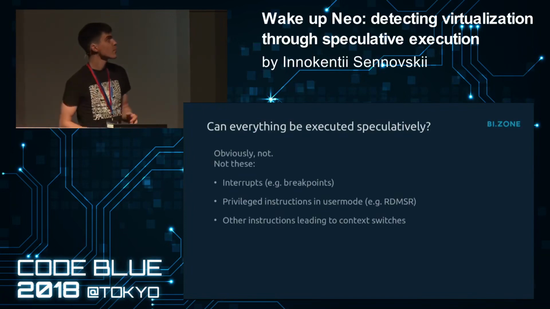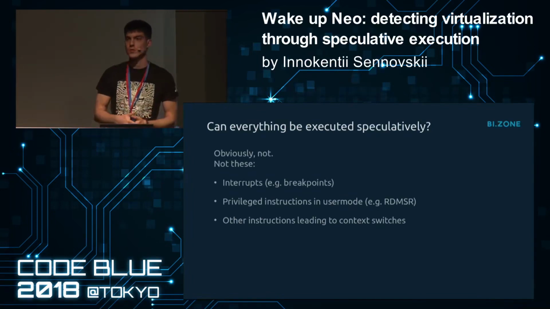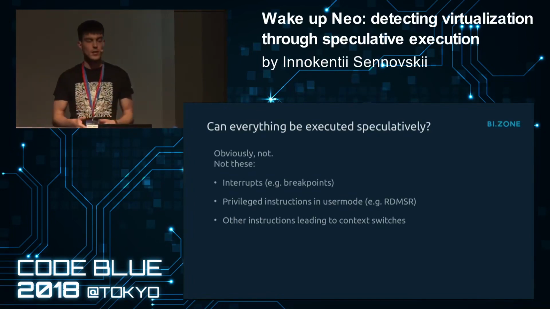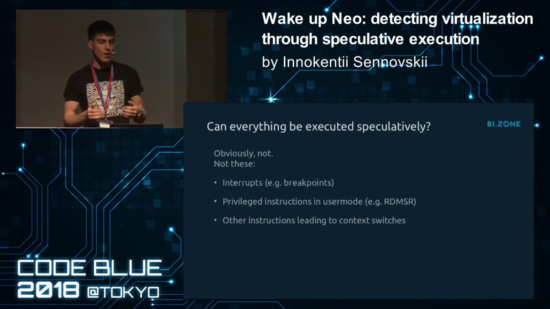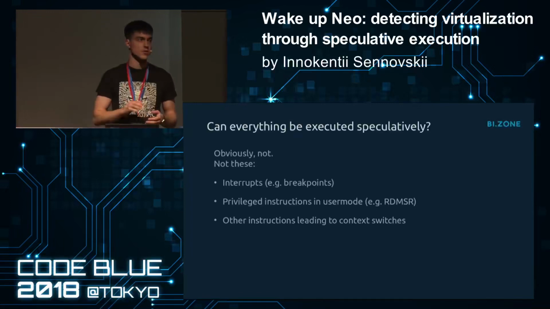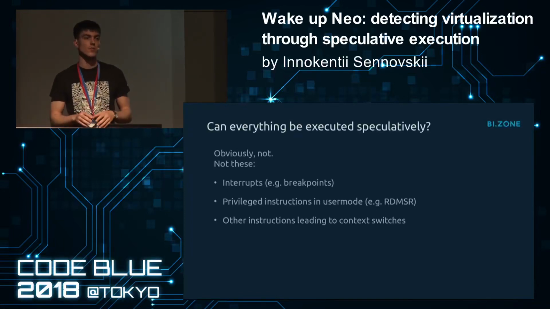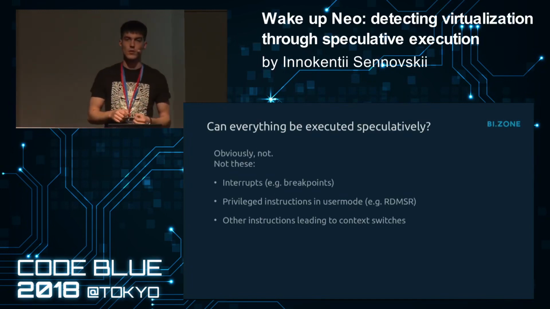Well, first we have to ask ourselves: can we execute everything speculatively? Obviously, there are some limits. For example, we can't execute interrupts, like the int3 breakpoint, which is commonly used for debugging, can't be executed speculatively. Some privileged instructions, for example RDMSR, which is used to read model-specific registers, can't be executed in user mode.